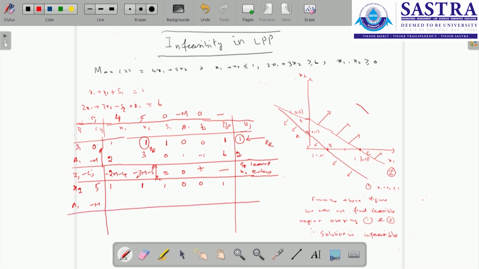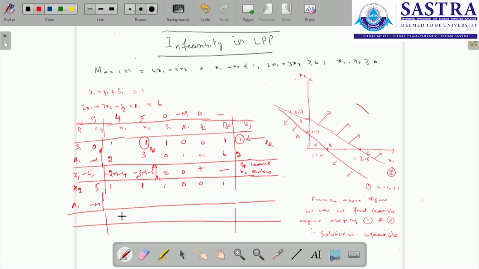So what I do is I have to fill this. How? To make this entry 0, I have to multiply the new pivot row by 3 and subtract from the old row. So I will get 0 here. 1 into 3 is 3, 1 minus 3 is minus 2. To make this 3 entry 0, I have to multiply this by 3 and subtract from that.